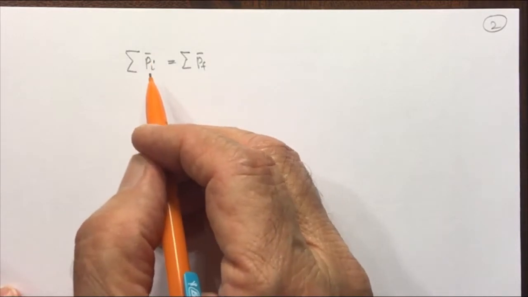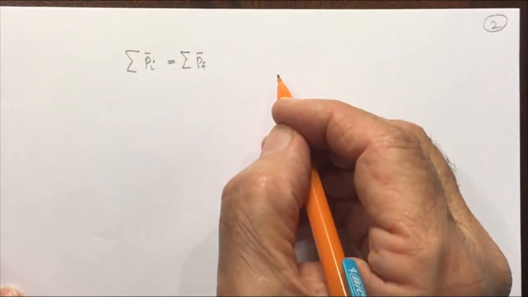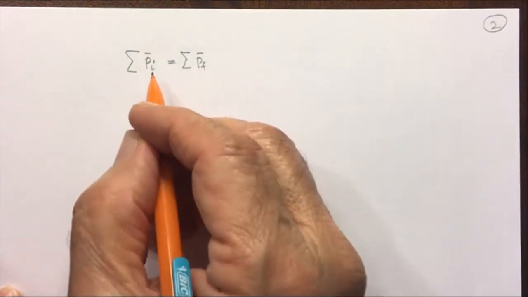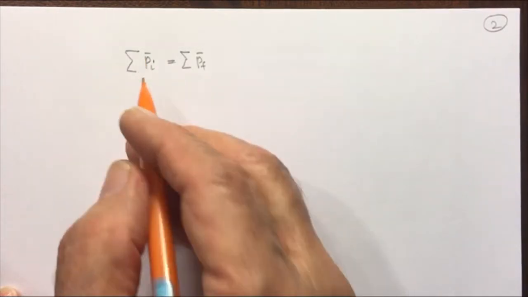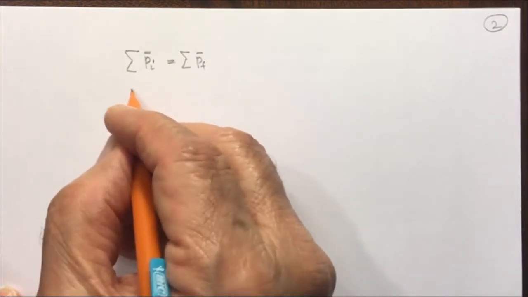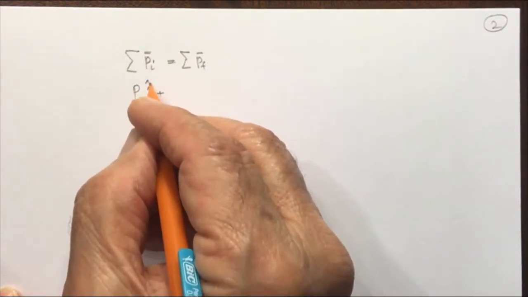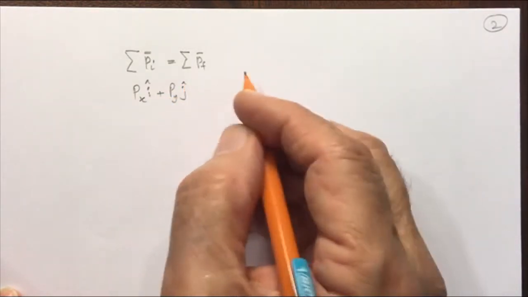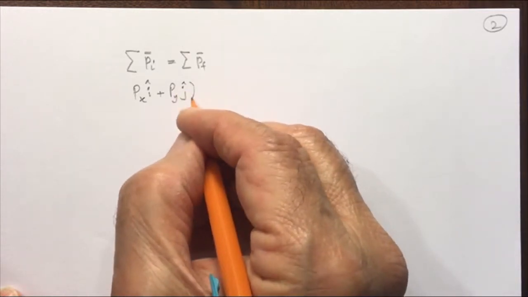So if we have, let's say, two particles, mass would be m1 and m2, and velocity would be v1 and v2 and so on. So the initial momentum would be, this is a vector, so we can write it as a px in the i direction and a py in the j direction. And there would be a third direction also if you want to go 3D, but let's just stay with 2 dimensions.